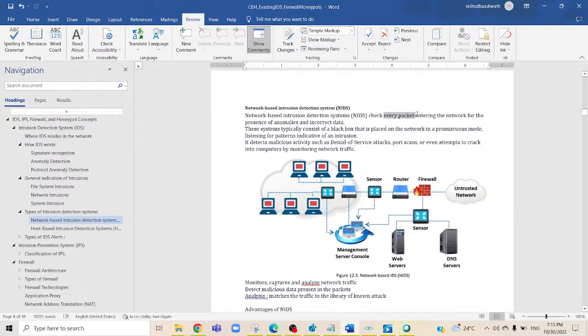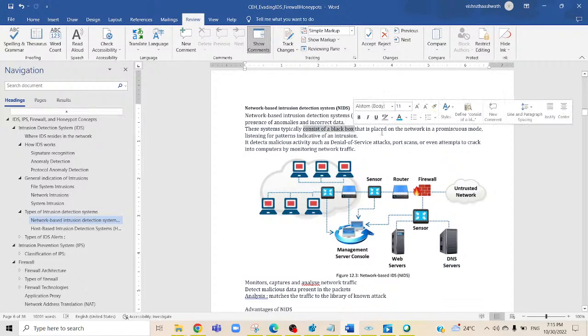NIDS check each packet entering the network for the presence of anomalies and incorrect data. These systems typically consist of a black box placed on the network in promiscuous mode, listening for patterns indicative of an intrusion. It detects malicious activities such as denial of service attacks, port scans, or even attempts to crack into computers by monitoring network traffic.